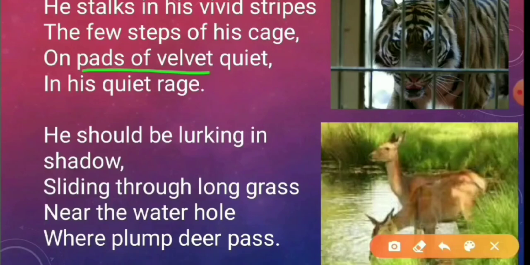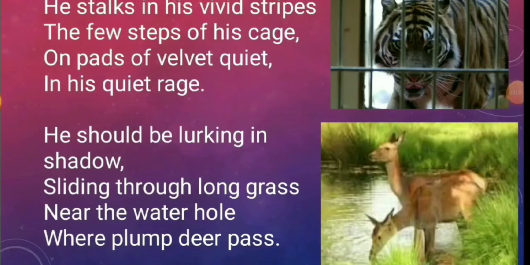Stalks in his vivid stripes. Sound of S. S consonant here in the his, sound of S. Again in the stripes, it is consonant. Use of the consonant S is particularly noticeable while reading it. Effect of the S is more.